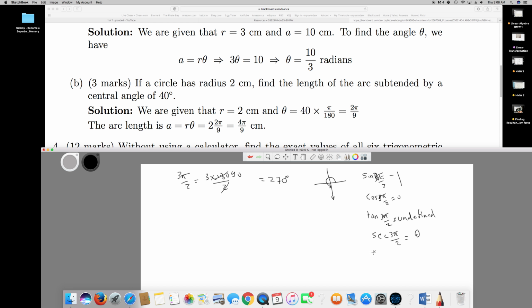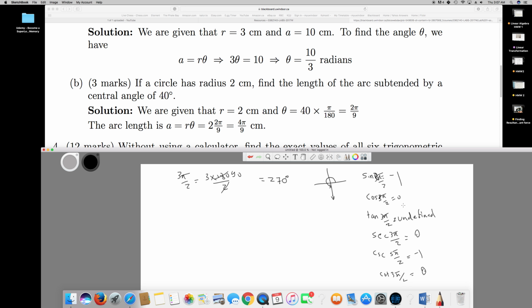And cosec is going to be the reciprocal of sine, negative 1 over 1, negative 1. So cosec 3π/2 is going to be negative 1, and cot 3π/2 is going to be the reciprocal of tan. So 0 over minus 1 is going to be 0.